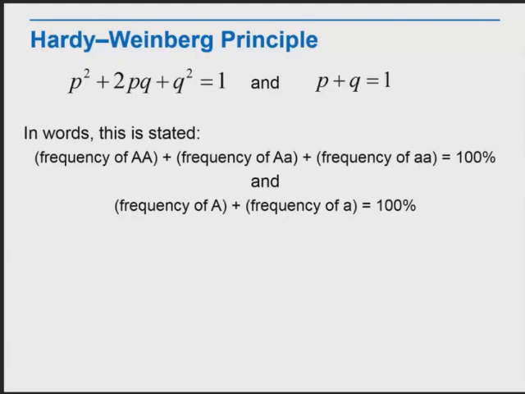A cross of these alleles can produce three possible genotypes: homozygous big A, heterozygous with big A, and homozygous little a. The frequencies of genotypes in the population can be predicted by the equation shown, where p and q are the frequencies of the dominant and recessive alleles.